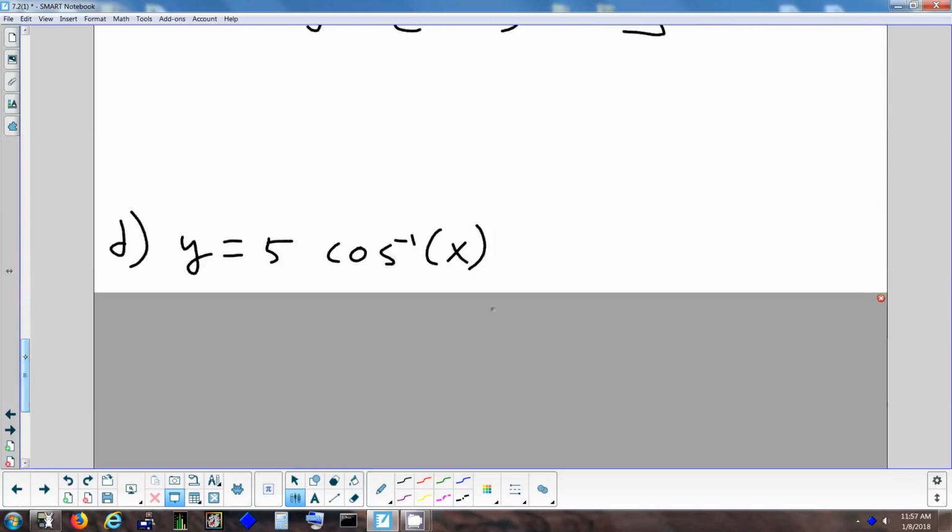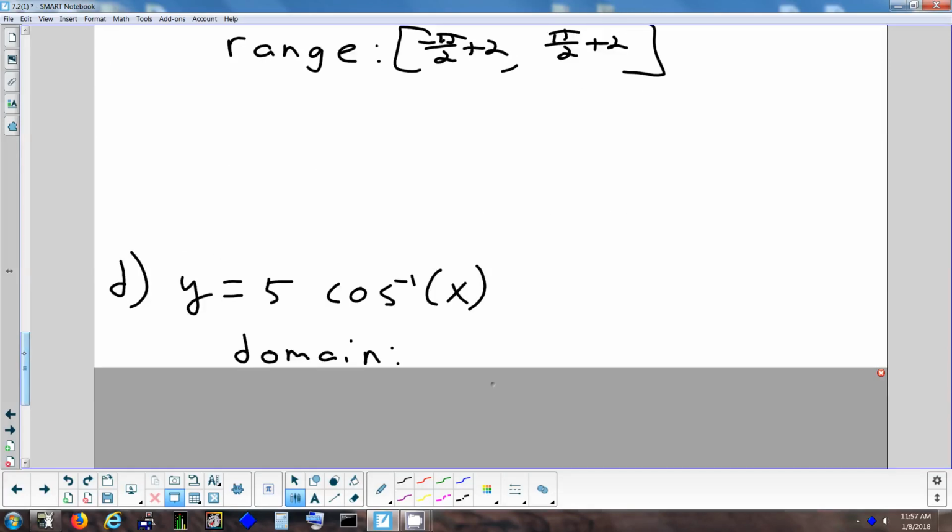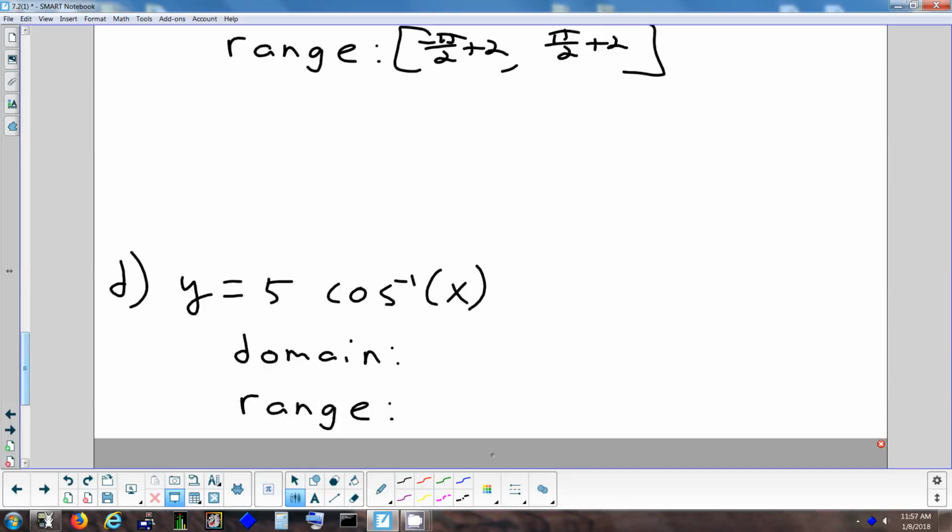Okay, let's try this one. What kind of transformation is the 5? That's a vertical stretch. Vertical affects what? Domain or range? It affects range. So domain is exactly the same. What is my domain?